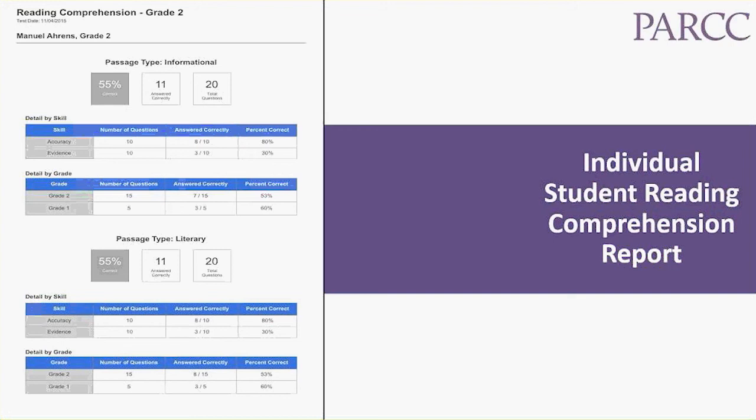And again, you can see number of questions answered correctly and percent correct. We know that a student who has that percent correct up close to 80% is going to be better prepared to meet the grade level standards where they are set for the end of the year.